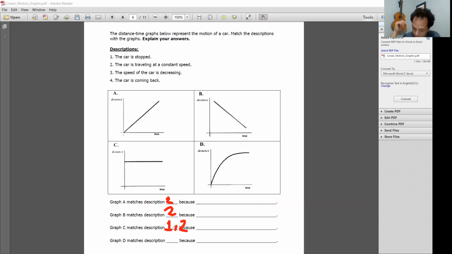I'm going to say that one is D. It went from a very steep line to a flat line. And then the last one, the car is coming back. That's going to be B. So some of these have 2.